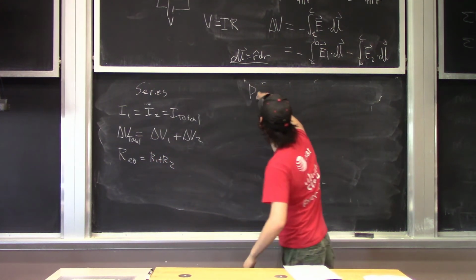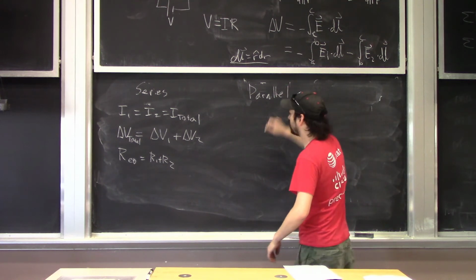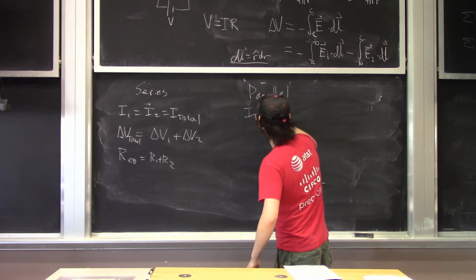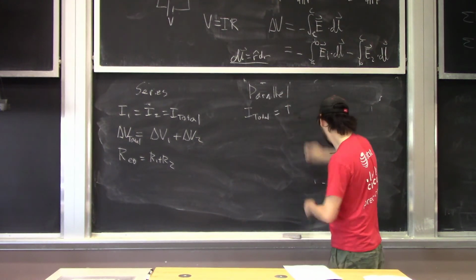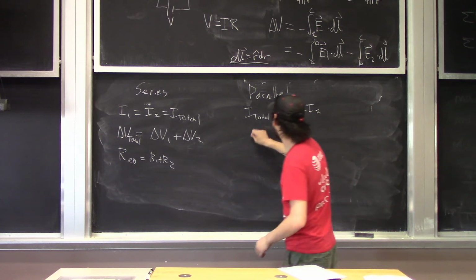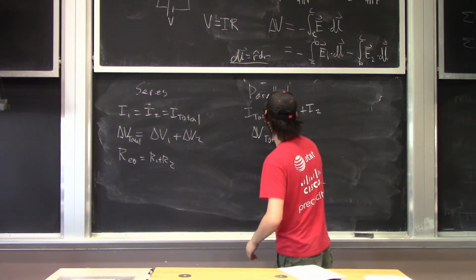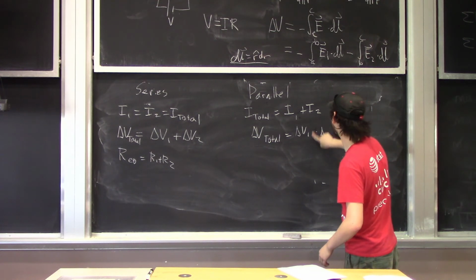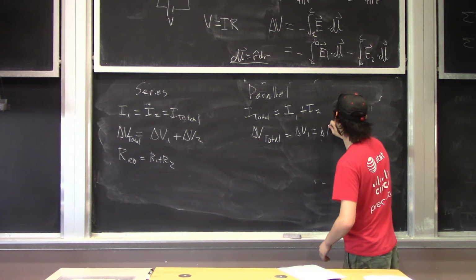In parallel, we say that the currents add, so I total is equal to I1 plus I2, and delta V total is equal to delta V1 is equal to delta V2.